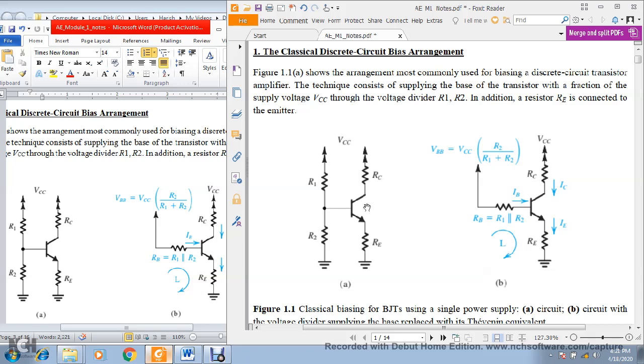For an amplifier, we use this, and you can see there is a voltage supply VCC common for both the input and output circuit, and in the input we have a voltage divider biasing configuration.